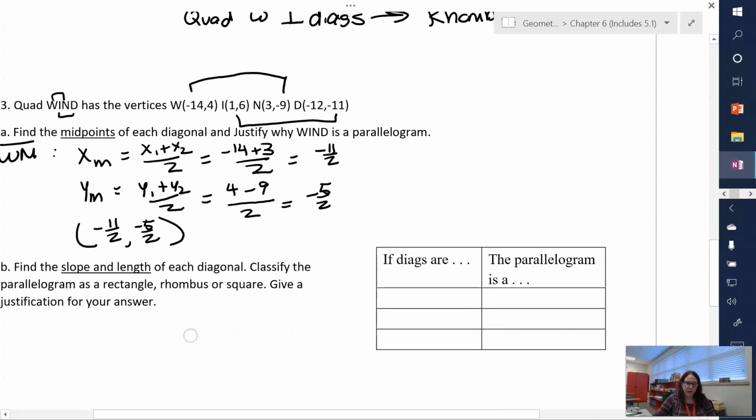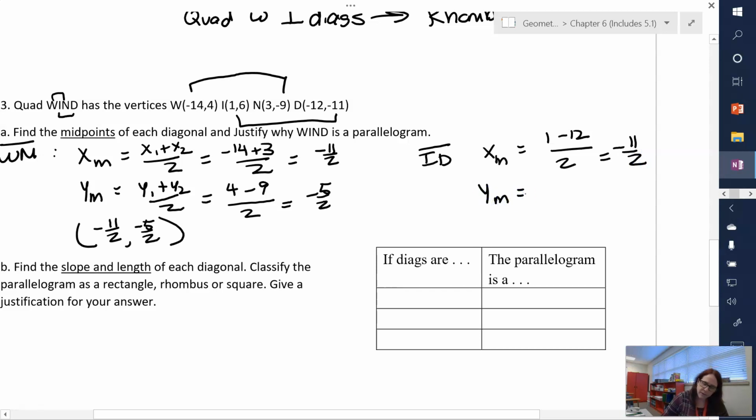Now I'm going to find the midpoint of ID. So line segment ID. The midpoint there is, let's do x1 plus x2, so 1 plus a negative 12, over 2 equals negative 11 over 2.